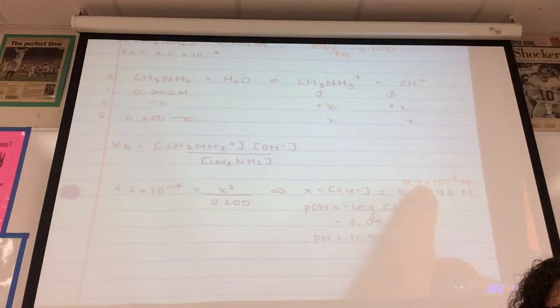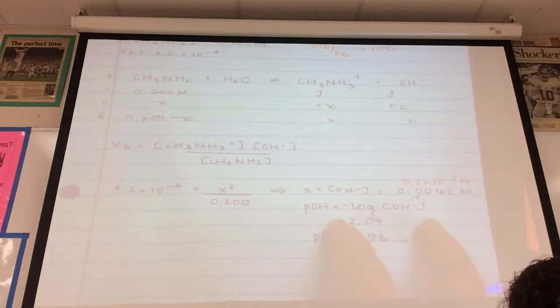If this is 1 times 10 to the negative 3, the pH is 3. But as this gets larger and larger, it gets closer to 2. You won't know exactly what this is, but you'll know it's between 2 and 3, and they'll give you a range choice in a multiple choice section.